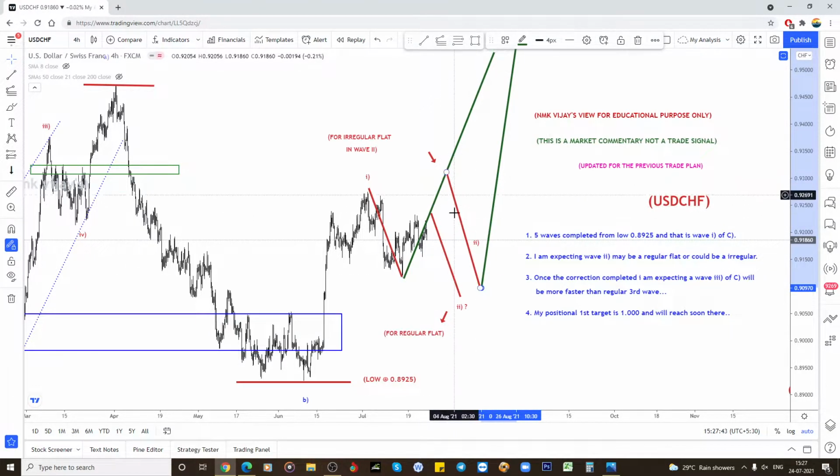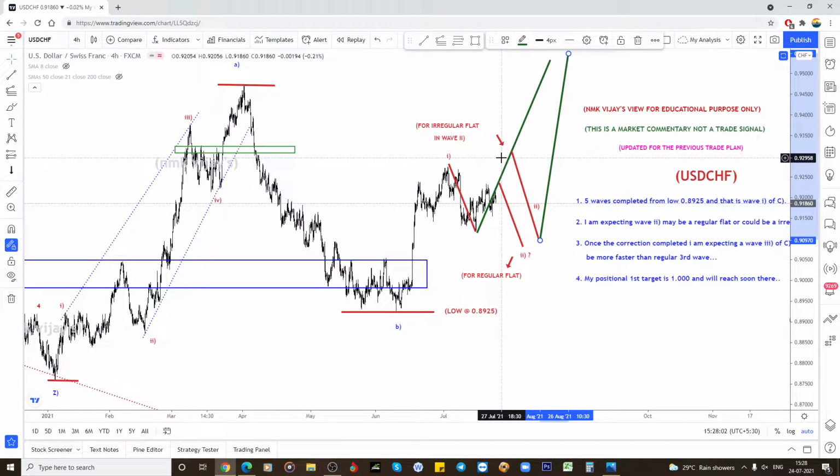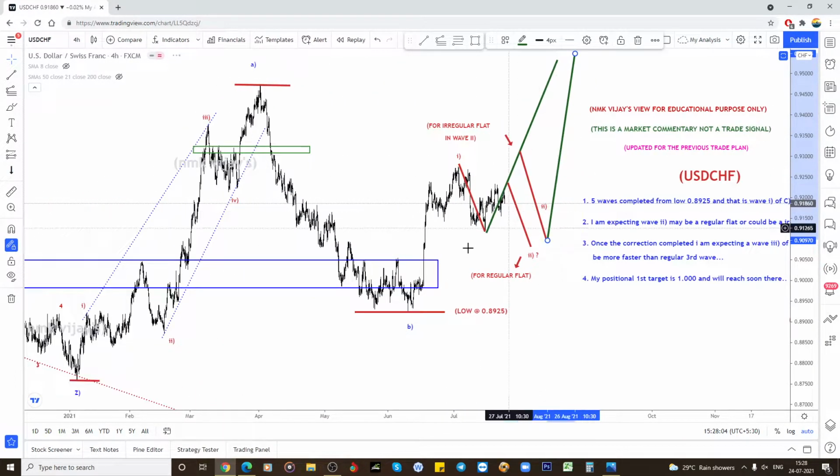So you expect this as a running flat, making this as a stop loss. If it did like this, that will become an expanded flat. Then your view may be exactly what you think, and the market will do otherwise, and you will blame the Elliott waves, right?